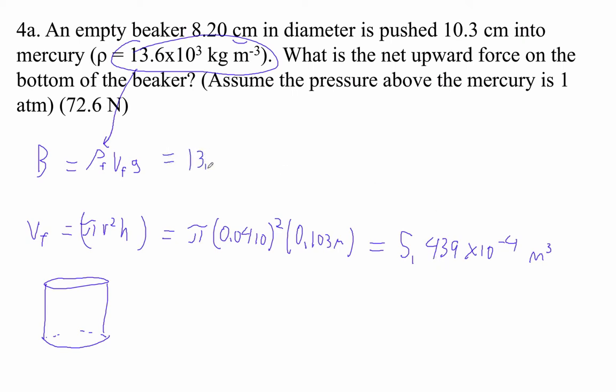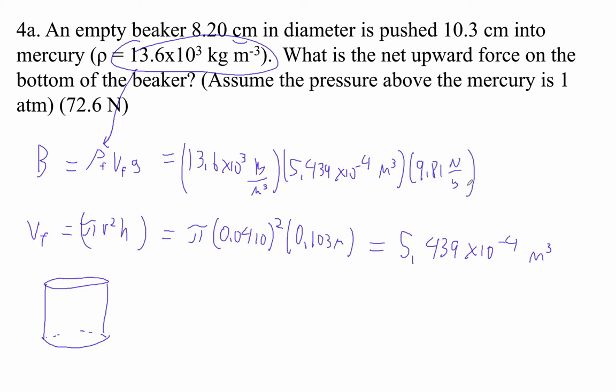So 13.6 times 10 to the third kilograms per cubic meter times 5.439 times 10 to the minus fourth cubic meters, times g, which is 9.81 newtons per kilogram. Notice the cubic meters cancel and kilograms cancel, and we end up with newtons.